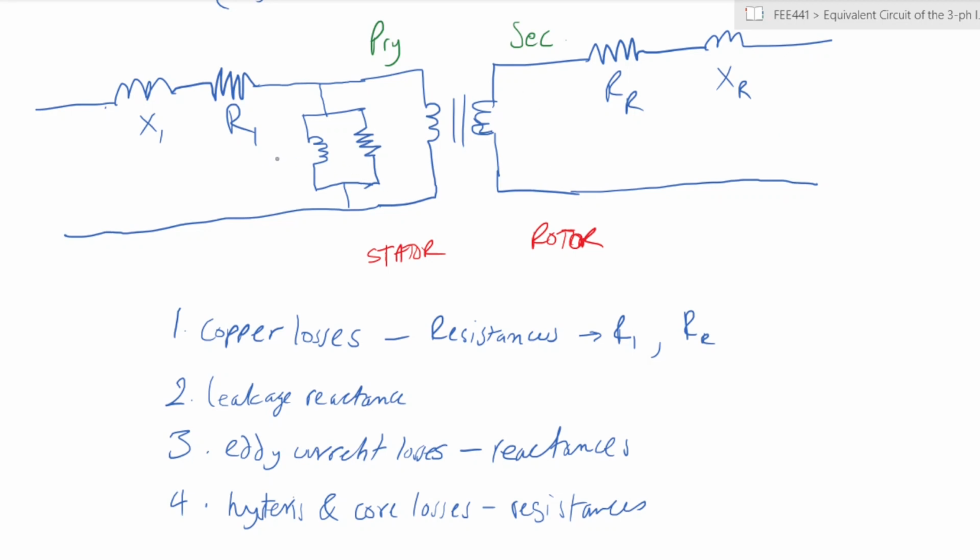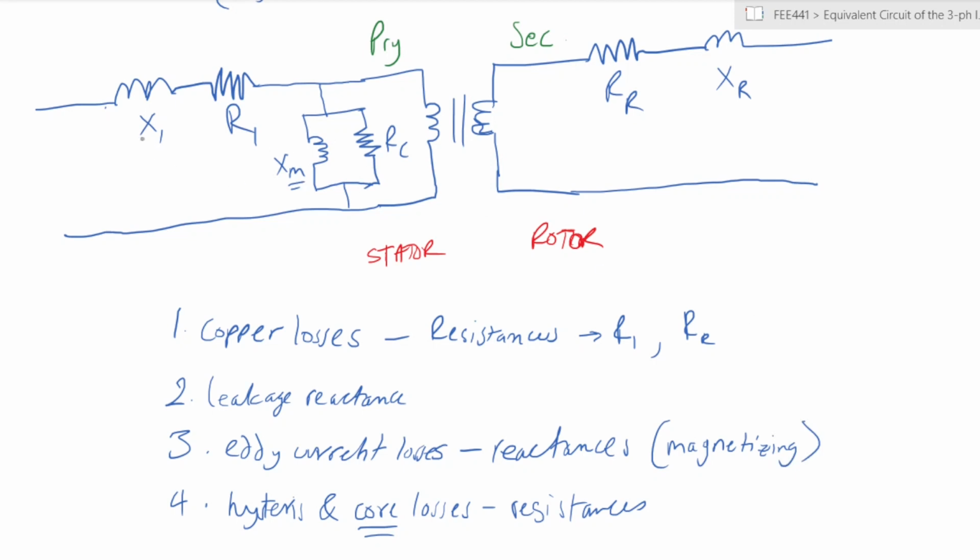These ones here are represented by XM and RC. RC because these are core losses. XM because these are magnetizing current losses, right? So XM.